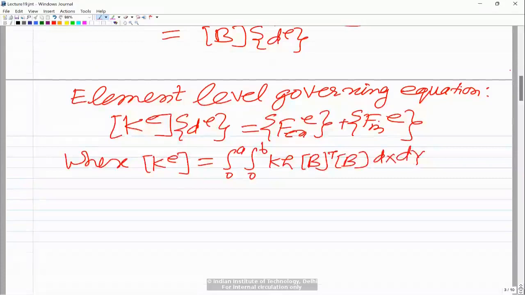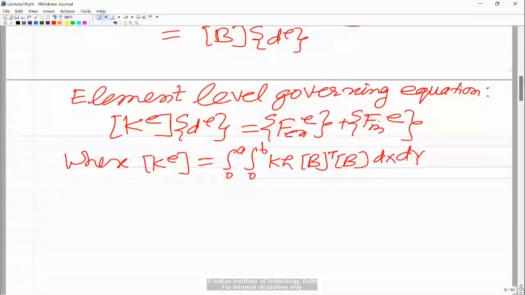Because you know the shape functions, you can differentiate them, get the derivatives with respect to x and y, put them here, and then do the integration. You will find in this case that B is not going to be constant. So you'll have to put the derivatives, multiply, carry out the integration, then you get the conductance matrix Ke. You should do that as a homework problem.